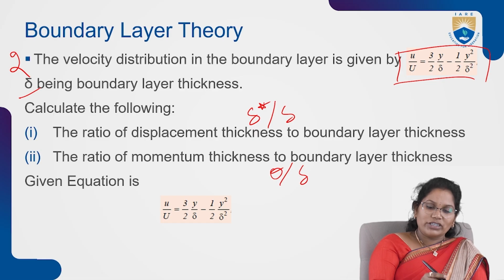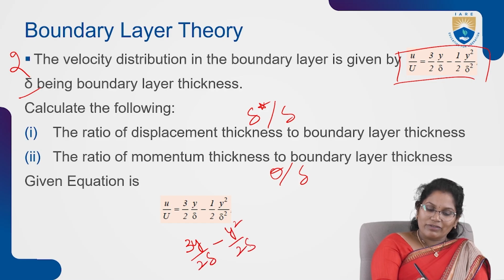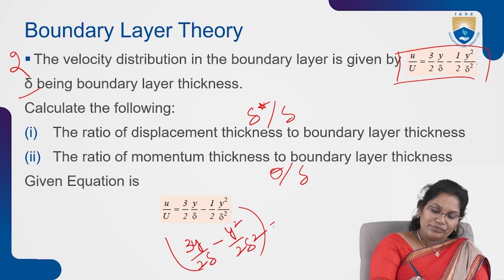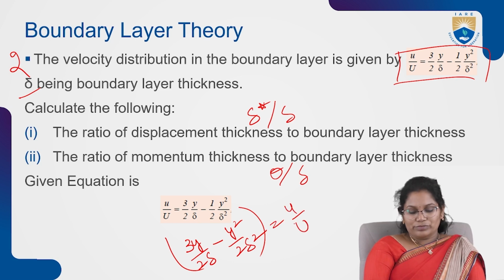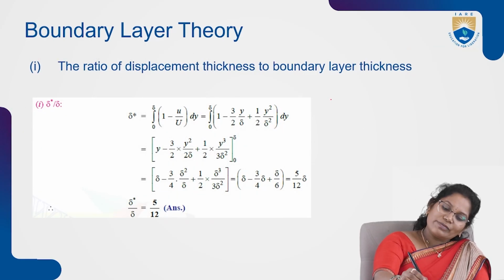The given equation is U by capital U; in place of U by capital U, we have to write 3y by 2 delta minus y square by 2 delta square. So already we know the displacement thickness. What is displacement thickness?